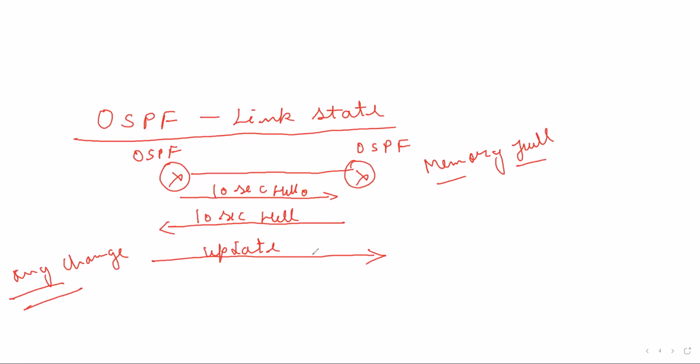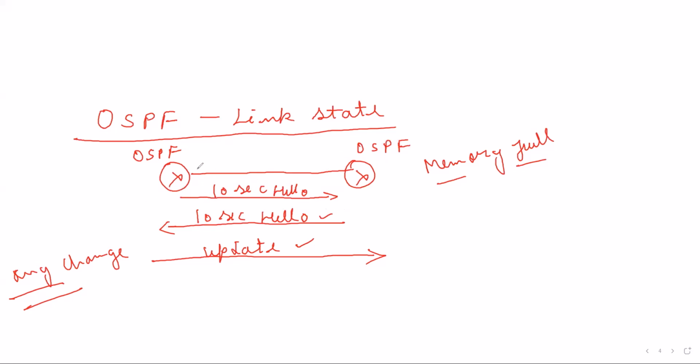So we improved this. Before we were sharing full information; now we are sharing only partial information. If something has changed, I will send an update message. Otherwise, my hello is like a heartbeat. Every time it will say hello, hello, hello. They will only check whether my neighbor is okay or not.